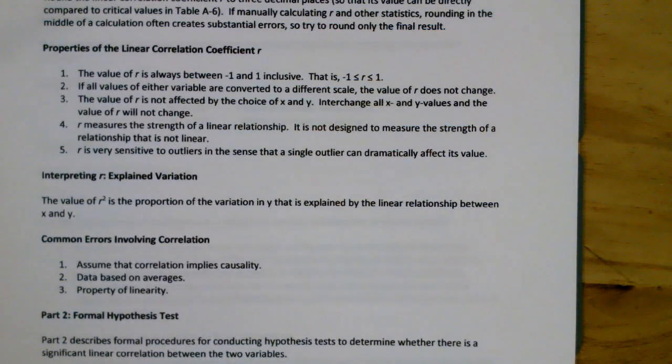Number four, R measures the strength of a linear relationship. It is not designed to measure the strength of a relationship that is not linear. And R is very sensitive to outliers, in the sense that a single outlier can dramatically affect its value. So you want to be careful of that.